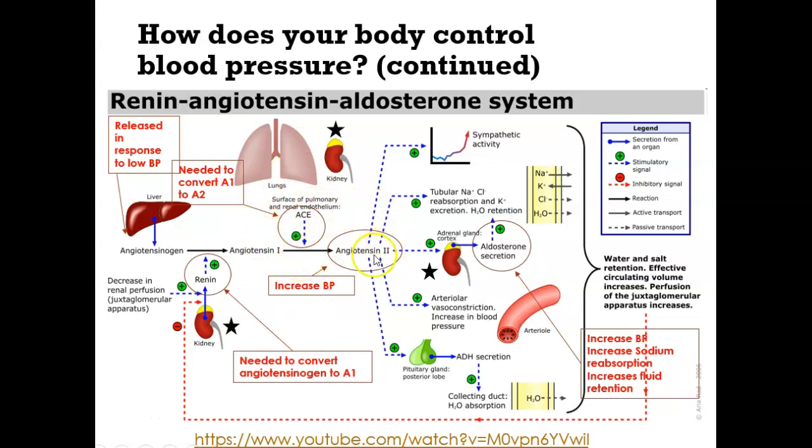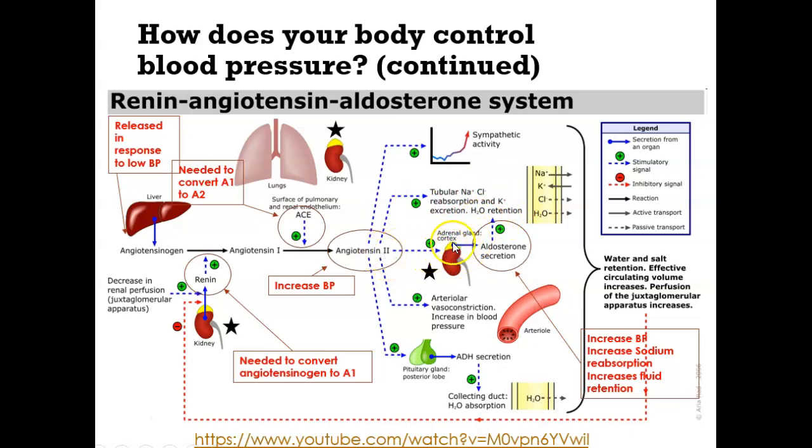Now if they're not taking an ACE inhibitor, angiotensin 2 is going to do a number of things. It can kick up your sympathetic nervous activity. It can affect the reabsorption of sodium, calcium, potassium, which has a lot to do with fluid retention or water retention.